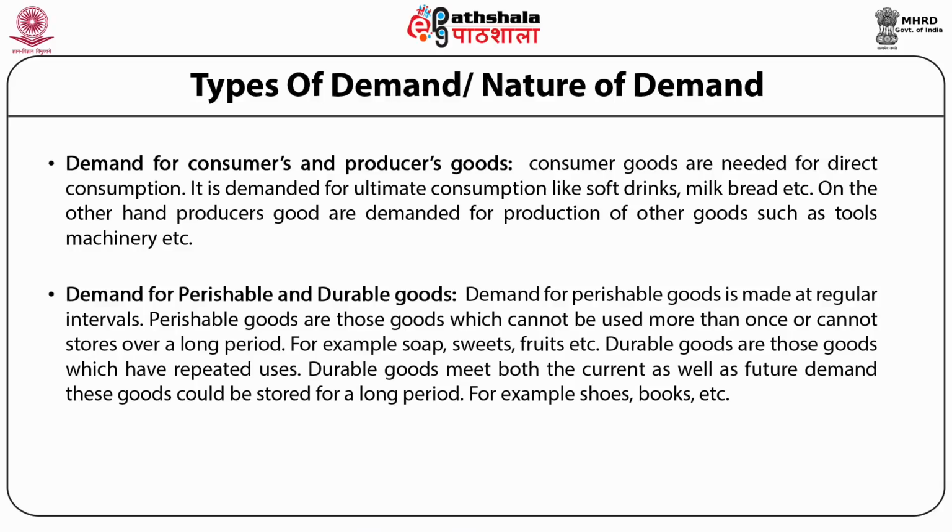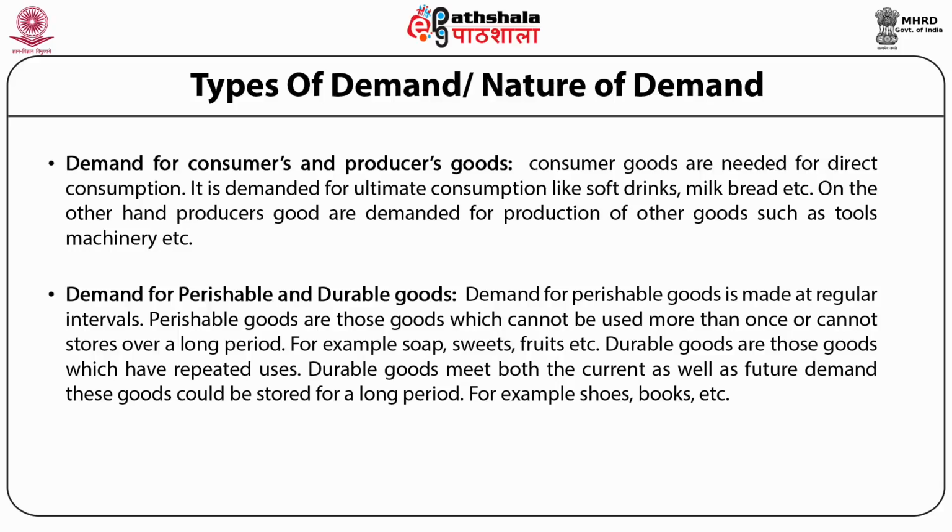Demand for perishable and durable goods. Demand for perishable goods is made at regular intervals. Perishable goods are those goods which cannot be used more than once or cannot be stored over a long period.